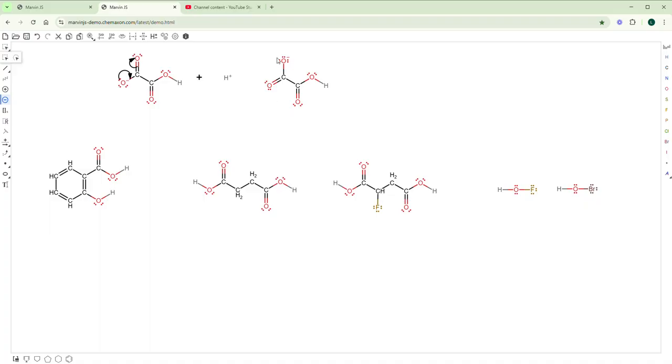And so my ability to distribute a negative charge over a broad area is a factor in how willing a substance is to donate a hydrogen. Now this would be the pKa1. If I was to remove this other hydrogen, that would be the pKa2, which isn't as likely to occur.